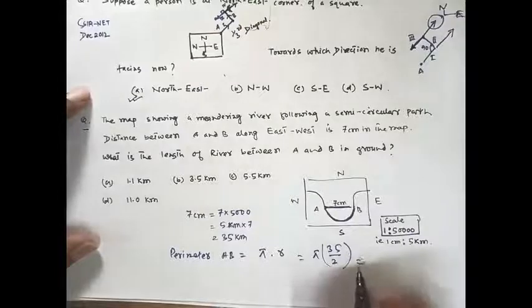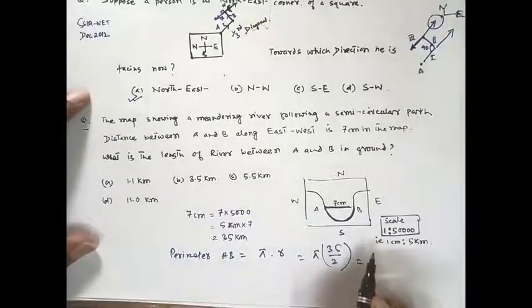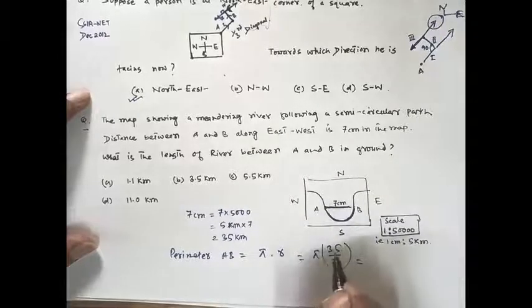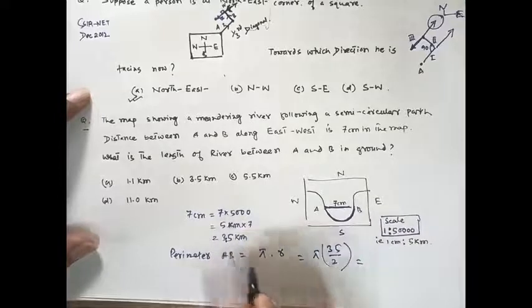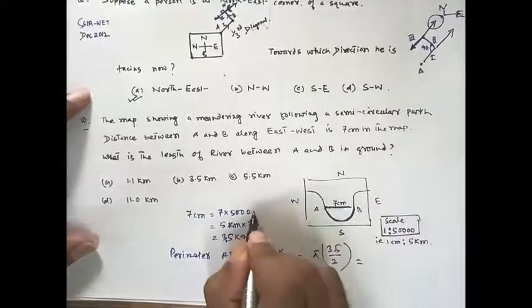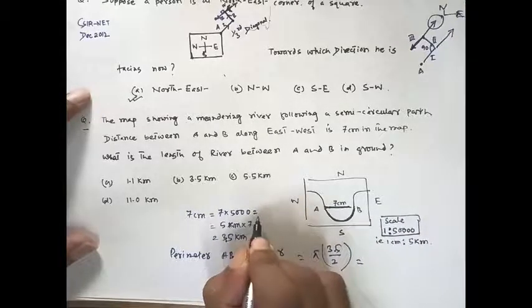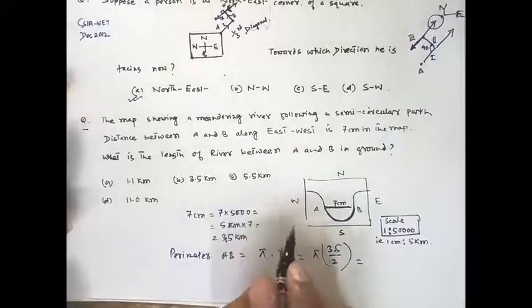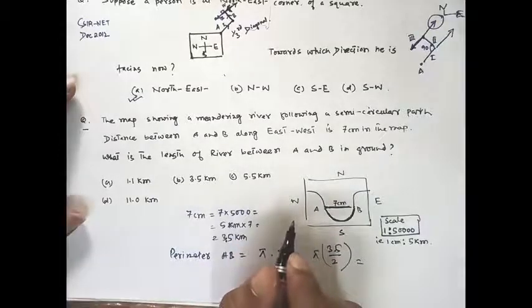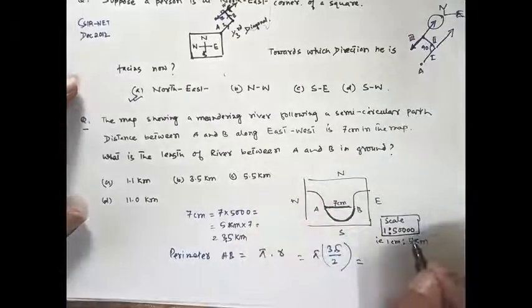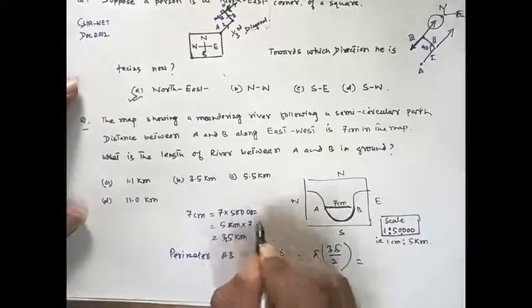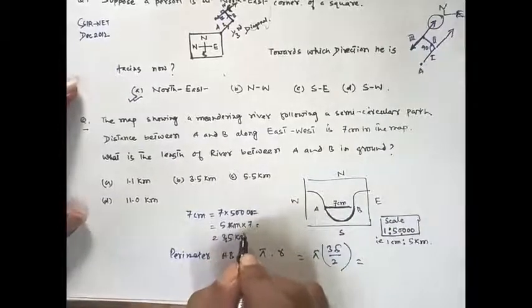If we calculate this much, sorry, this is not 35 kilometer, it is 3.5 kilometer, since the scale is 50,000, so it will be 3.5 kilometer.